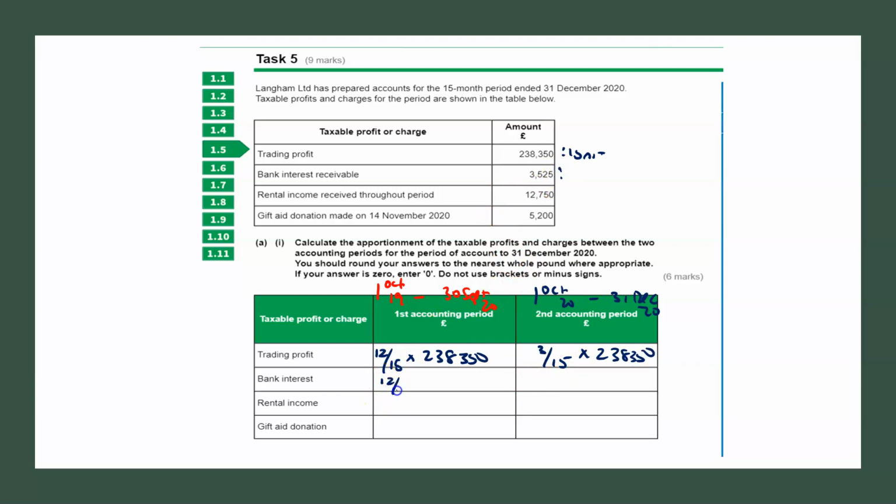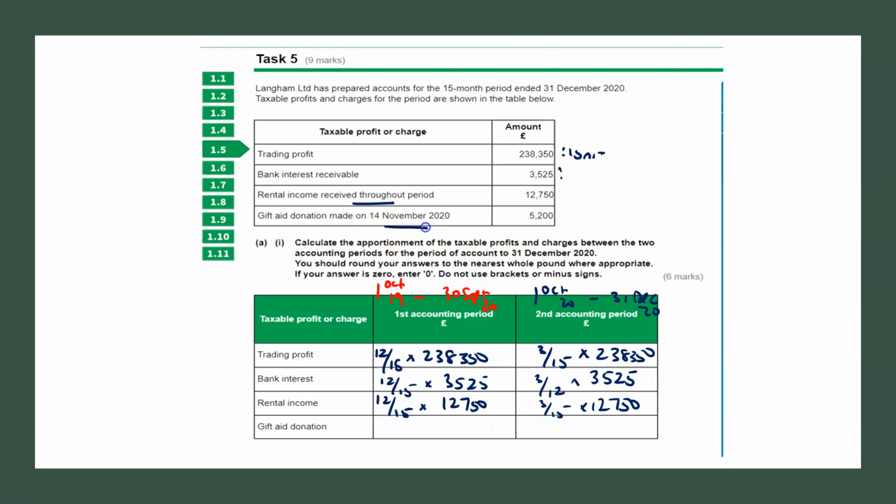We will have 12 months over 15 times 3,525, and we will have 3 months here as well, 3,525. The question does tell us that the rental income is received throughout the period, so we will also have 12 over 15 times 12,750, and we will have 3 over 15 times 12,750.